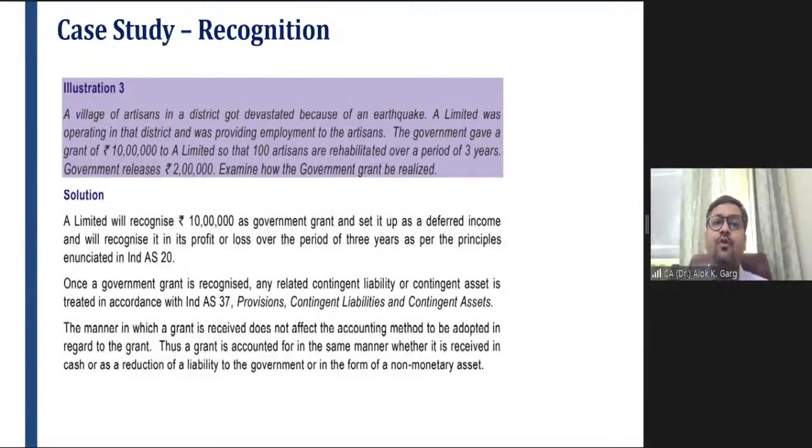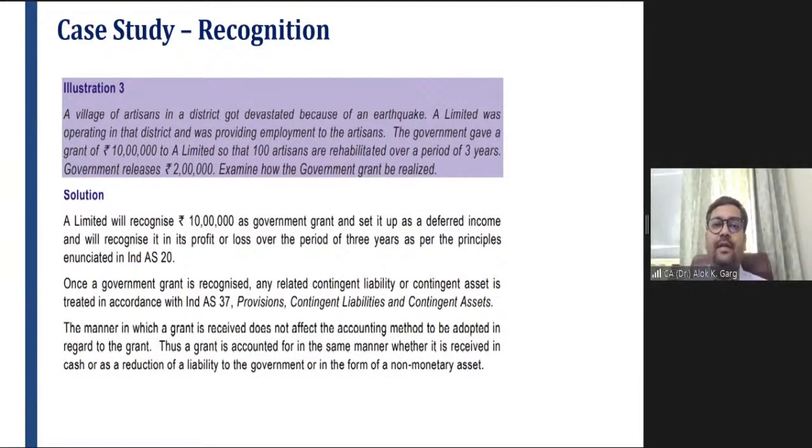A Limited was operating in that district and was providing employment to the artisans. The government gave a grant of rupees 10 lakh to A Limited so that 100 artisans are rehabilitated over a period of 3 years.